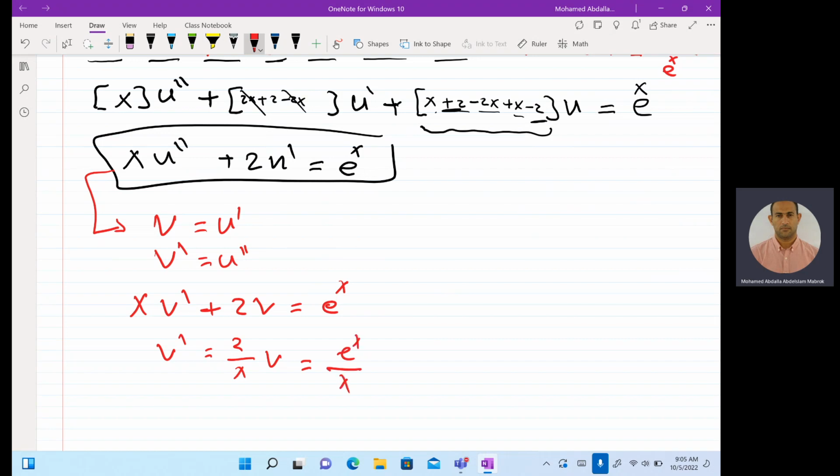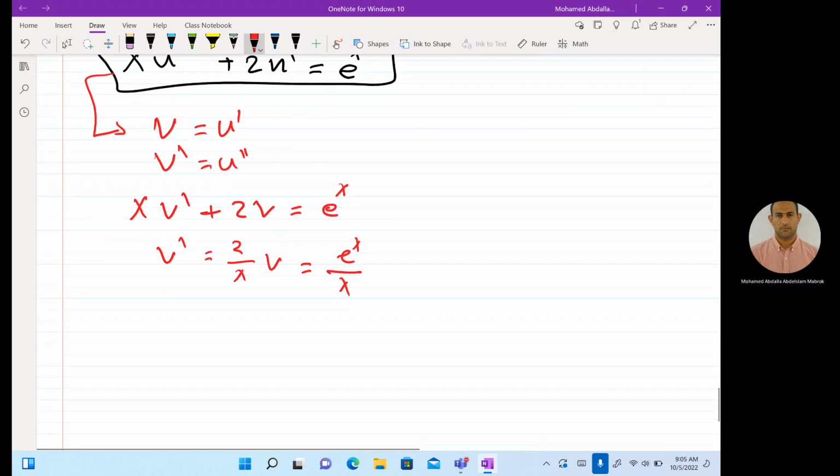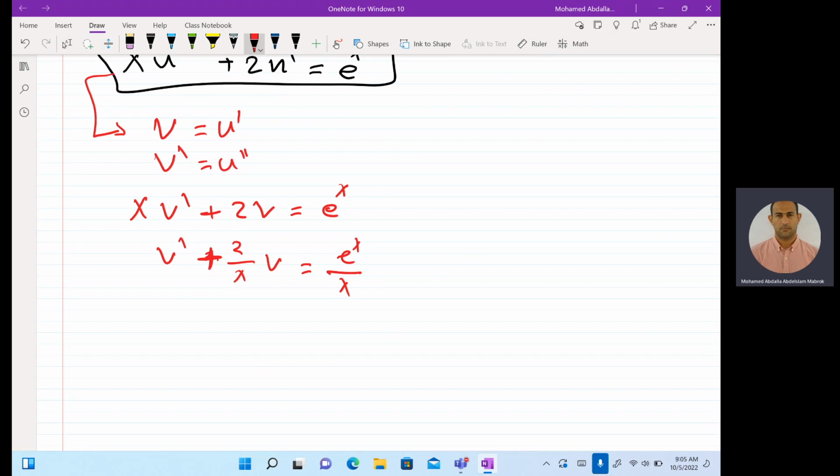Please don't forget to divide everything by x here. Don't get really excited and say, okay, I know what I'm doing here, and then you forget this x. Okay, that happened. And this is actually plus. So this is the first order differential equation that it's linear, right?